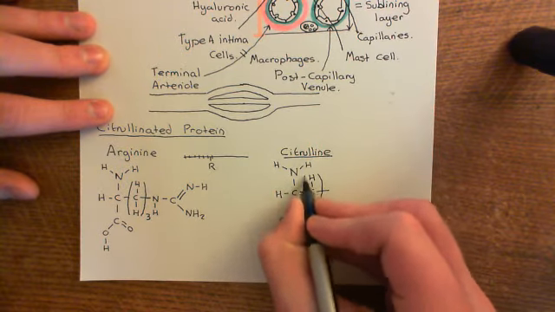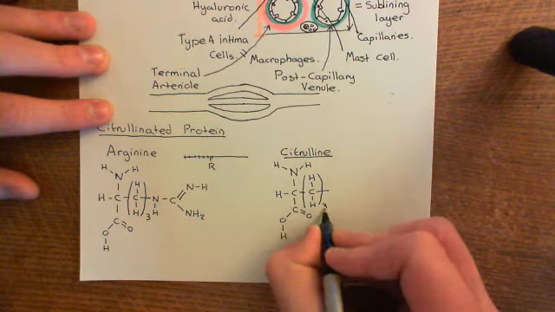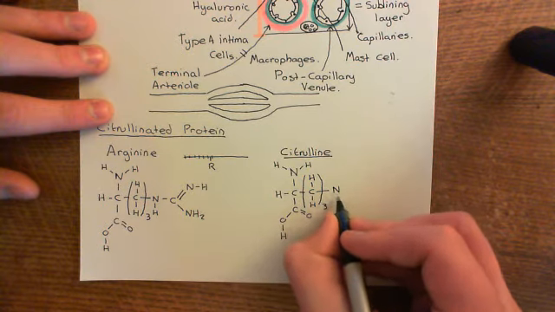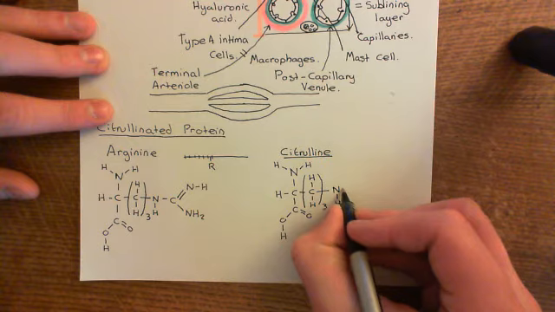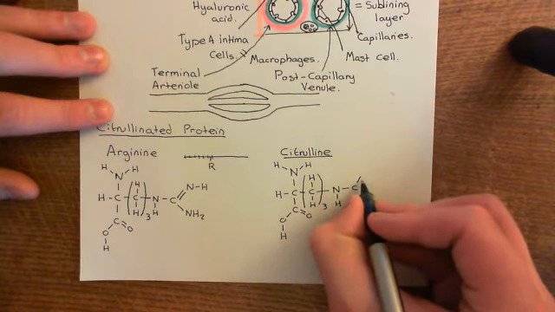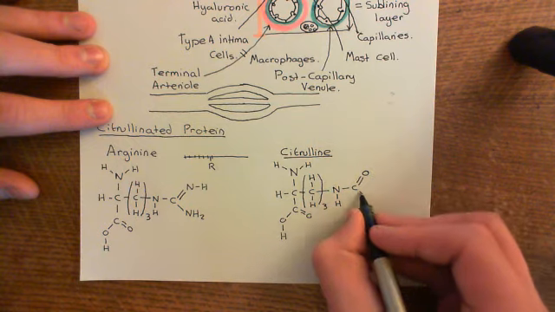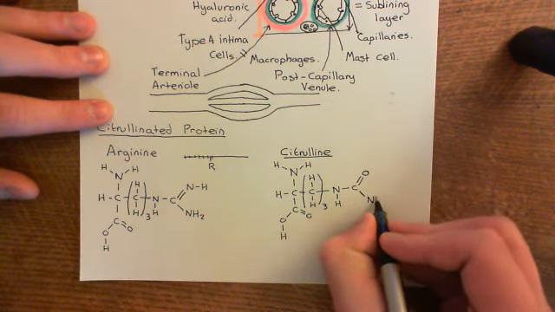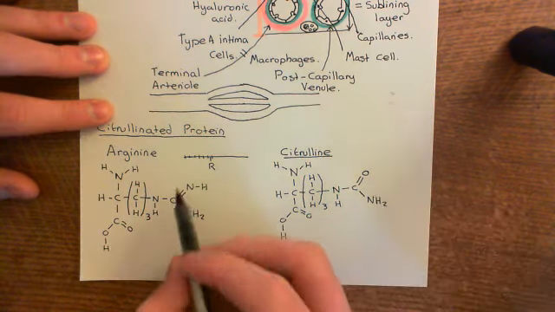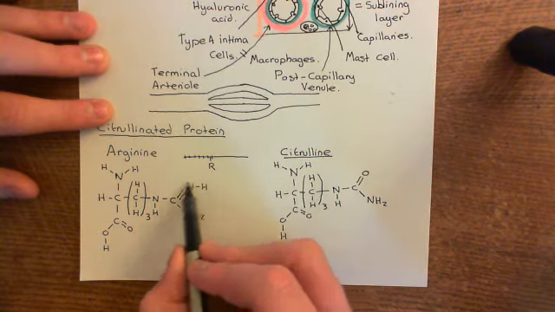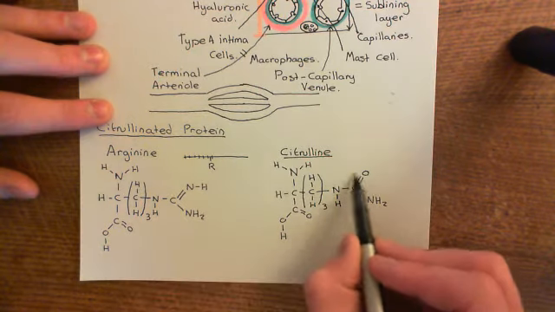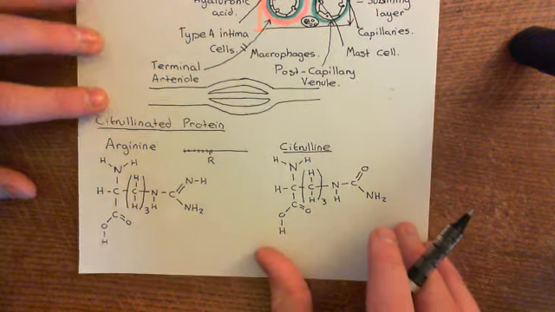So here's 1, and I'll put brackets around like that and put a 3 there. And then you have a nitrogen here with a hydrogen off it, a carbon here, and then instead of having a nitrogen double bonded up here with a hydrogen coming off it, you just have an oxygen there, and then you have this amino group exactly the same. So all you've done is taken this group here off and replaced it with this oxygen here.